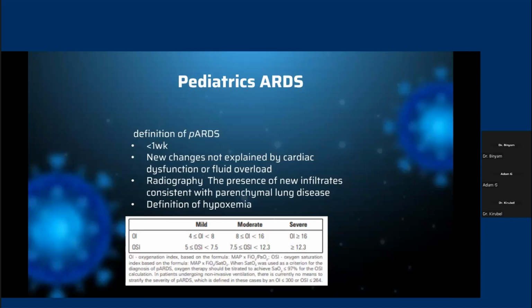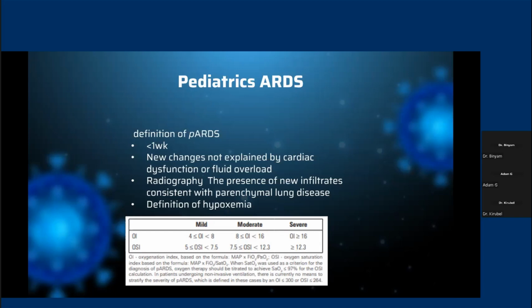Coming to the definitions of ARDS, with the PARDS definition: ARDS symptoms or signs within 1 week, and new changes not explained by cardiac dysfunction or fluid overload, and radiologic findings, especially in the X-ray, new bilateral infiltrates with parenchymal disease.